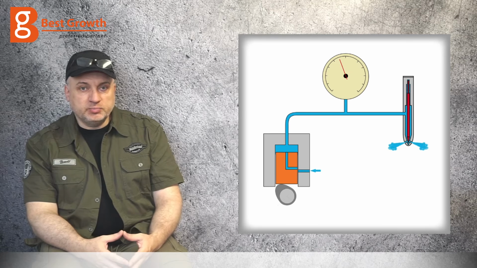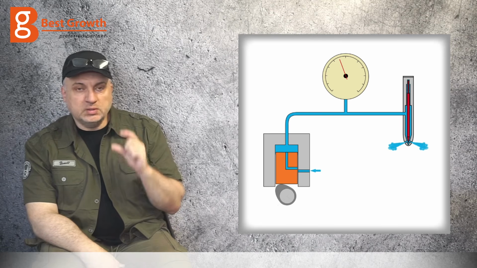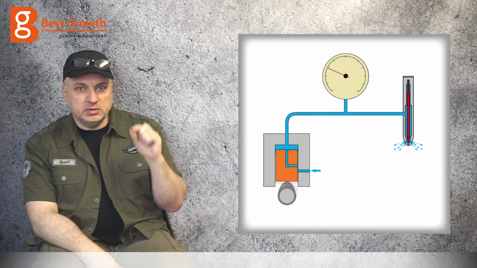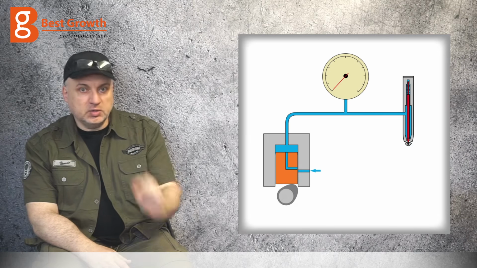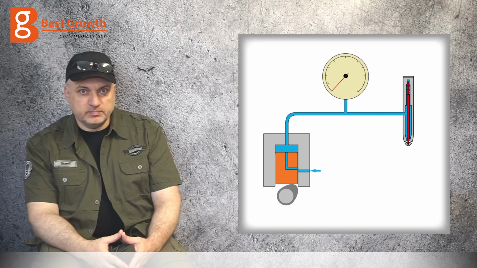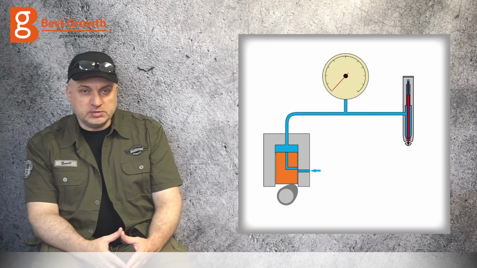So the injection process starts. When the pressure generated by the pumping section drops down, the needle closes the injector, and the injection process ends. This is how it works.